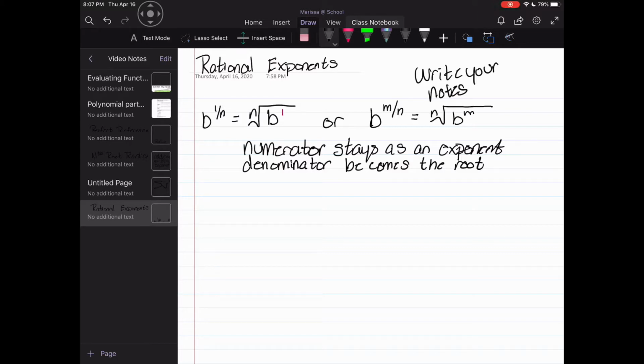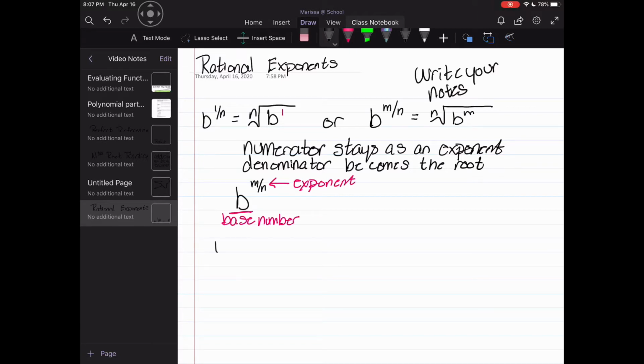So one more thing that you need to know. Remember with our exponents, your large number is considered the base number. And whatever you have up here, I'll do m over n, this here is considered the exponent, just as a reminder.